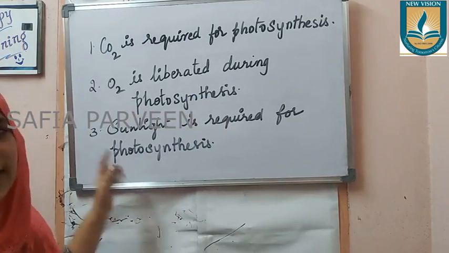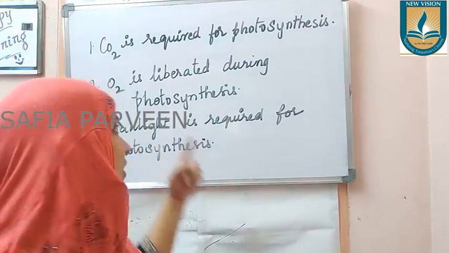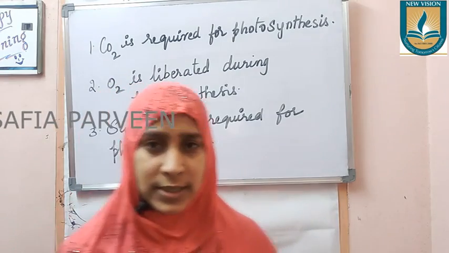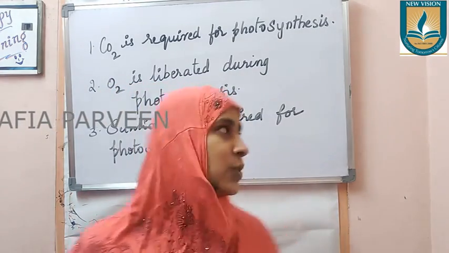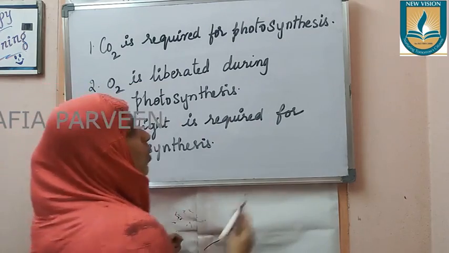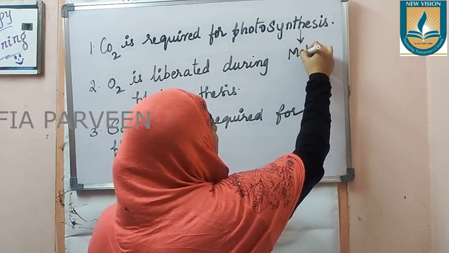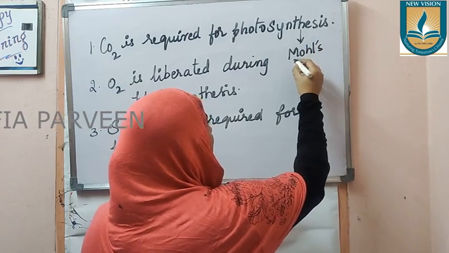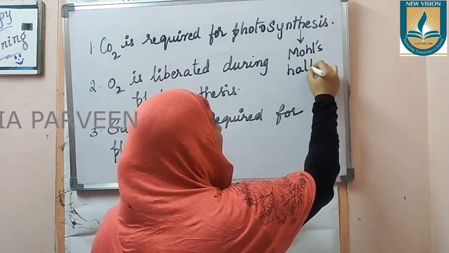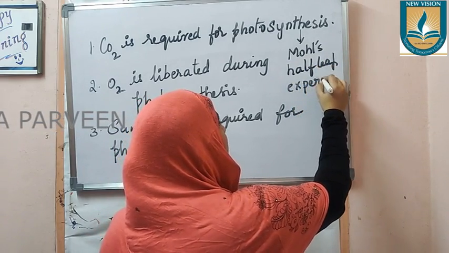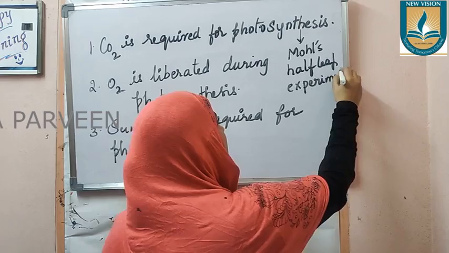Okay. First, let us start with the experiment that carbon dioxide is required for photosynthesis. This experiment is also called Mohl's-Hartley experiment. Mohl's, M-O-H-L apostrophe S, Hartley experiment.